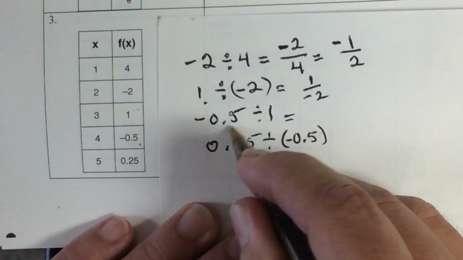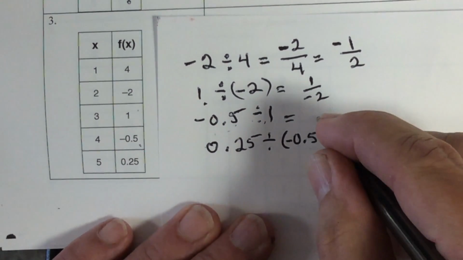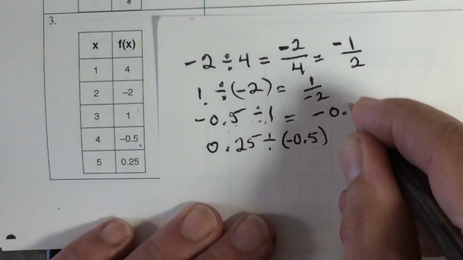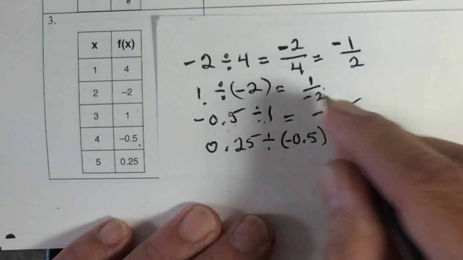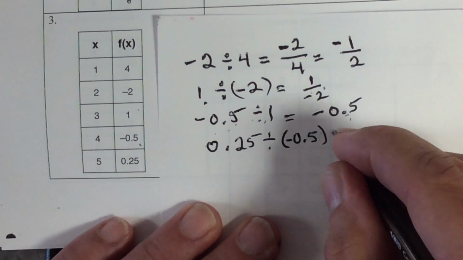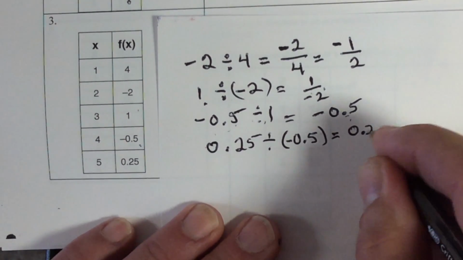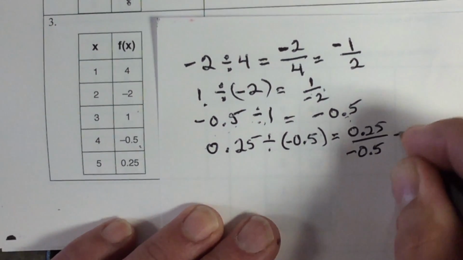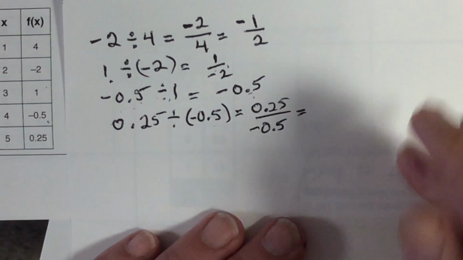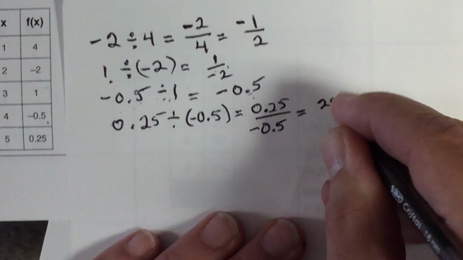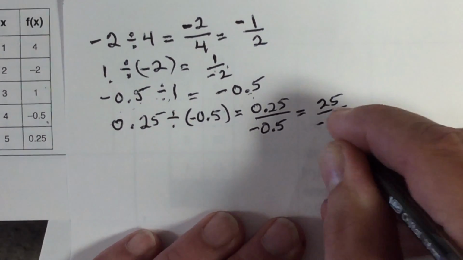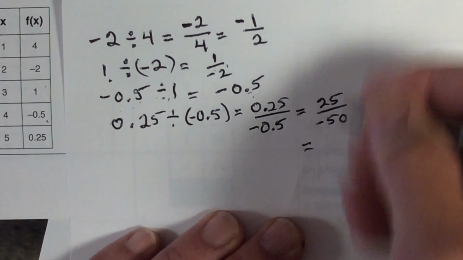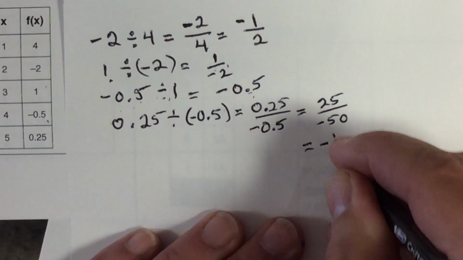This is negative 0.5 divided by 1. Anything divided by 1 is the same, and you've already told me this is the same number as this. 0.25 over negative 0.5. If I multiply top and bottom by 100 to get rid of the decimals, I've got 25 over minus 50. And if I simplify that, I'm going to get negative 1/2.